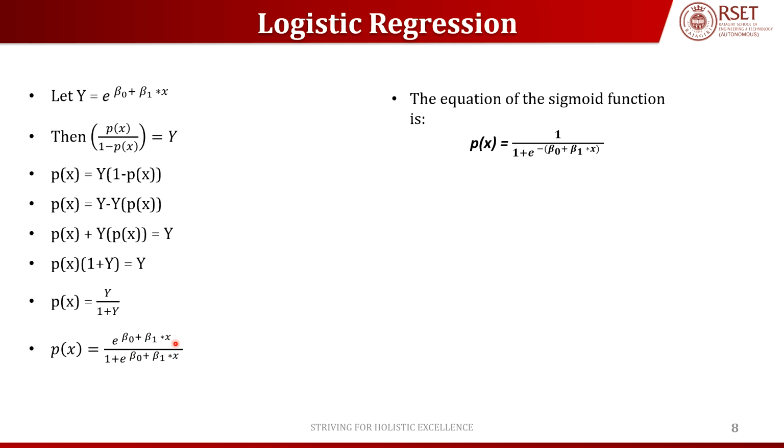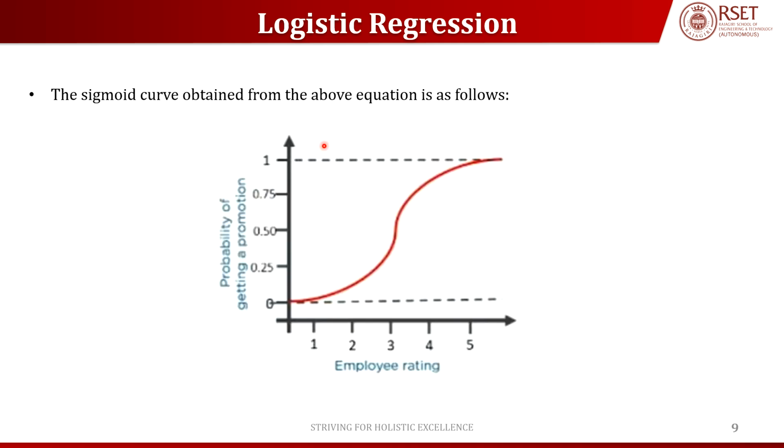So the numerator will be 1, and the denominator will be 1 divided by e raised to beta 0 plus beta 1 x, plus 1. So we write it as 1 plus e raised to minus of beta 0 plus beta 1 x. So this is the equation for the sigmoidal function. And the sigmoidal curve is the previous curve that we have seen in the previous slide for employee rating and probability of getting a promotion.